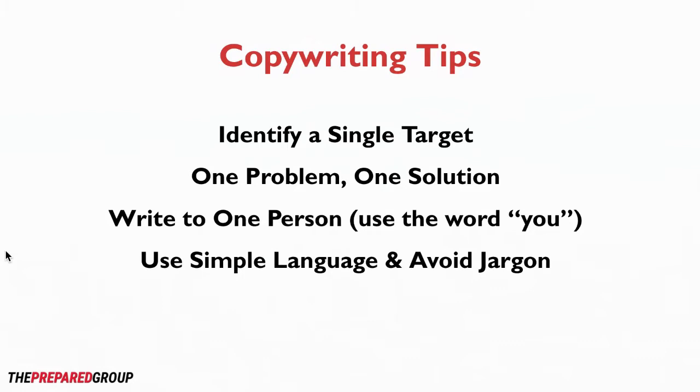There's a copywriting rule, and I've heard all kinds of different numbers here, but to try to write to a 4th or 5th or 6th grade level so that really anybody can easily understand what you're trying to talk about.